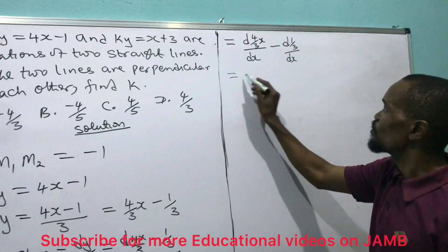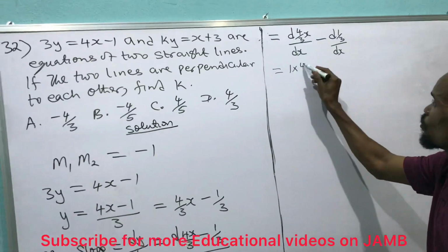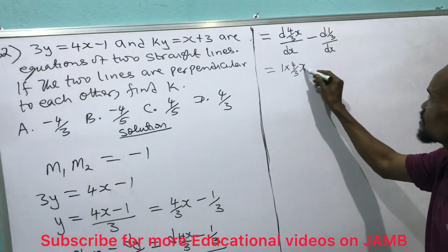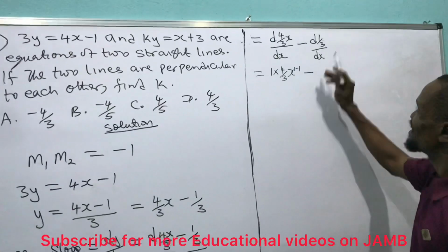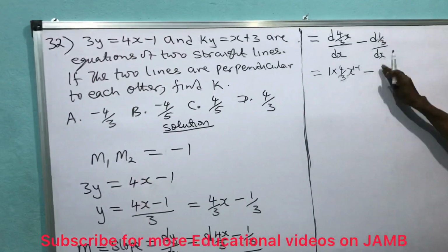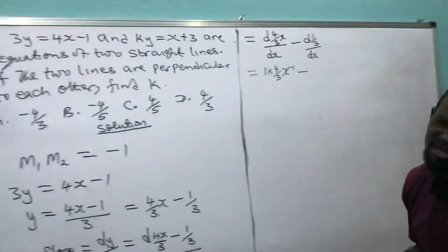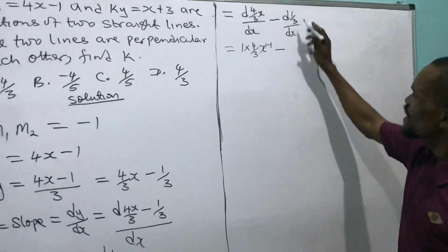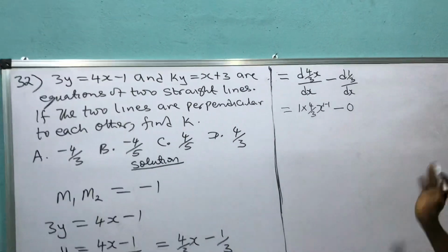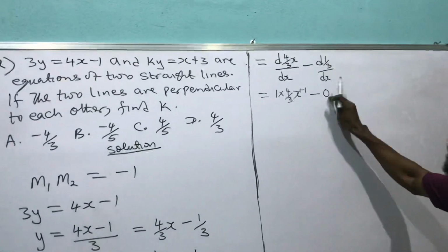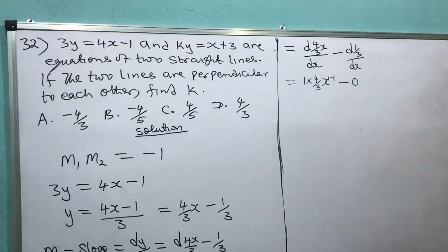So this is 1 times 4/3 x raised to power 1 minus 1, minus this term. It does not contain x. Therefore, when I differentiate it, I will have 0, because 1 over 3 does not contain x at all. Differentiating it gives 0, which means it is a constant.